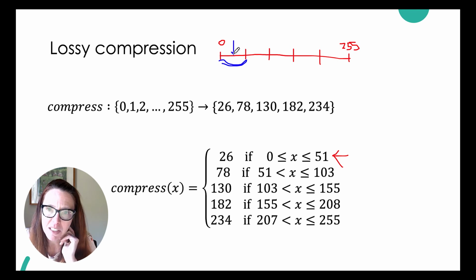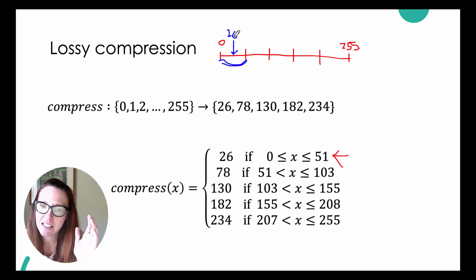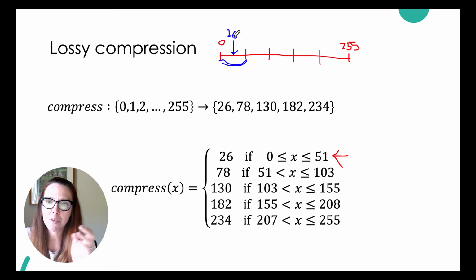I'm going to take something roughly in the middle of that at 26. I'm going to say that's good enough for me. And that's everything that is sent to me that's a color between 0 and 51. I'm just going to map that to 26.